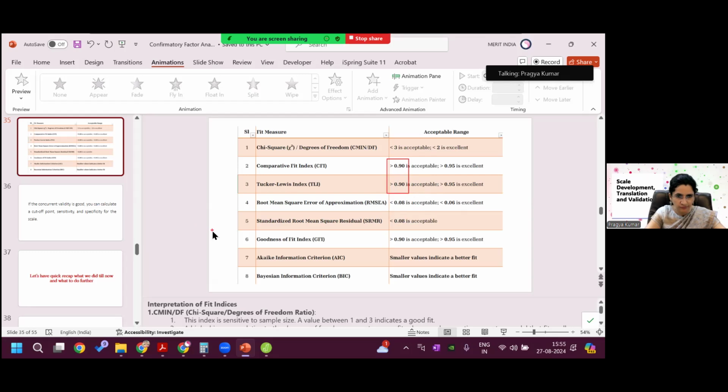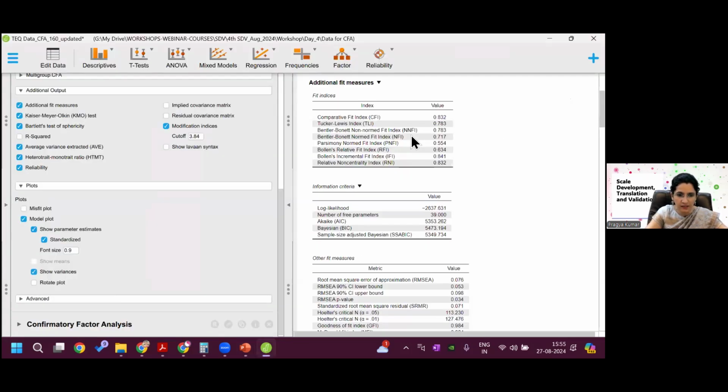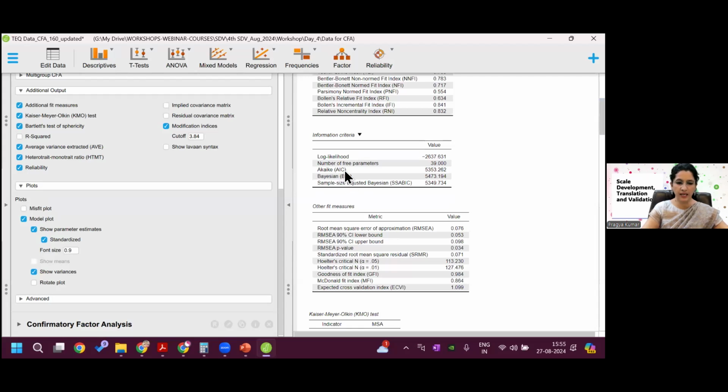Coming to other indices like the Akaike information criteria and Bayesian information criteria, these are just to see the reduction of log likelihood.